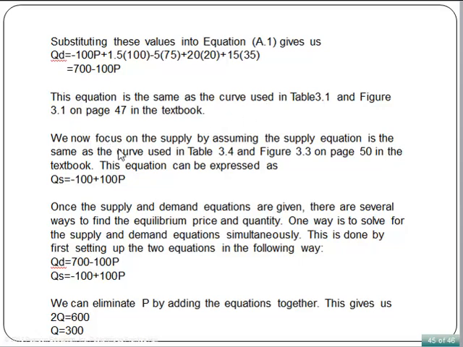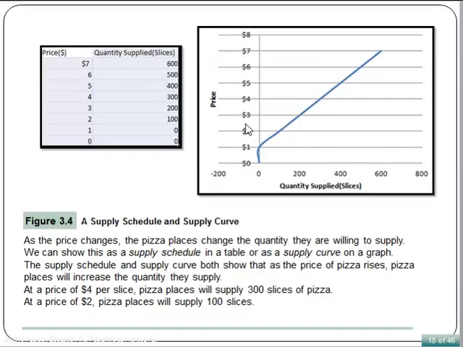We now focus on the supply by assuming the supply equation is the same as the curve used in our slides, in table 3.4 and figure 3.3 on page 50 in the textbook. This equation can be expressed as quantity supplied equals minus 100 plus 100 times price. Here you go in slide 18. This graph and this schedule is actually what we used for our equation.